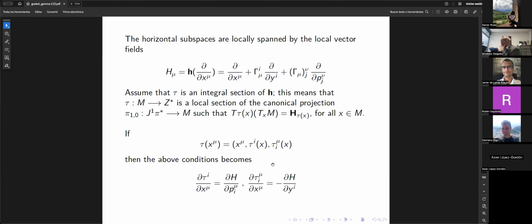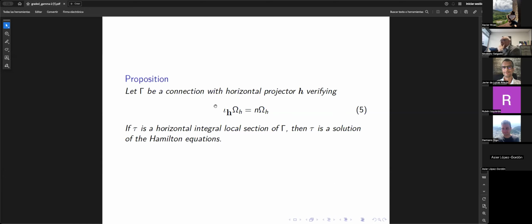This is just the expression. And of course we can do the same using multivector fields, and instead of this equation we have the contraction of omega with a multivector field X is 0.